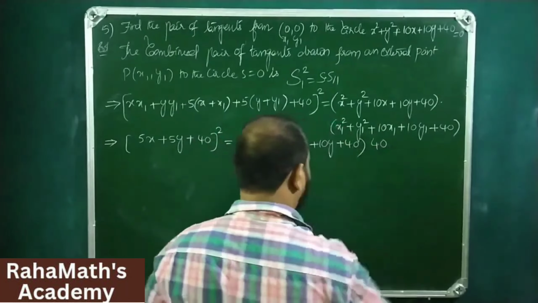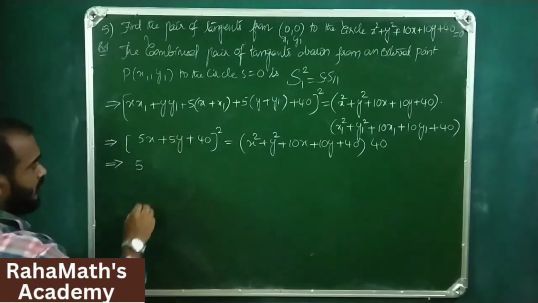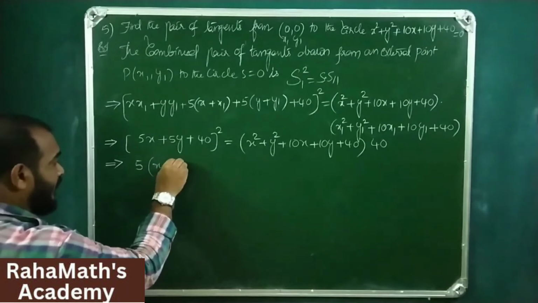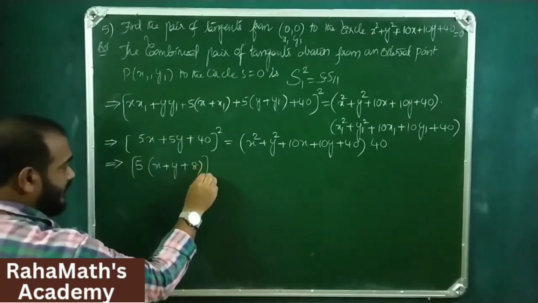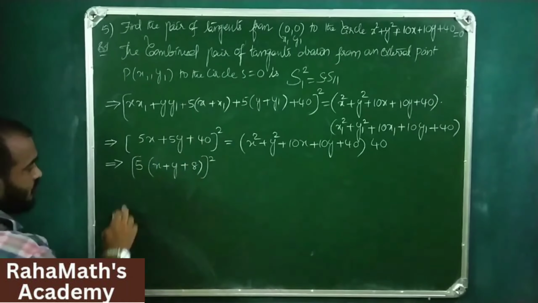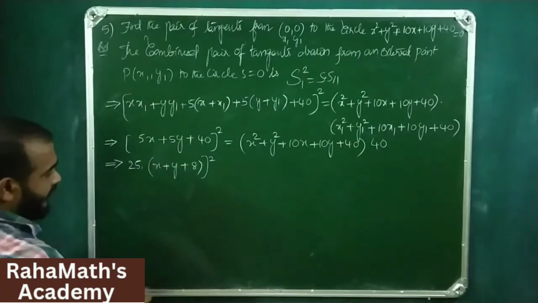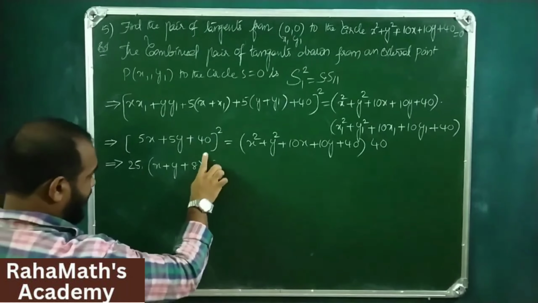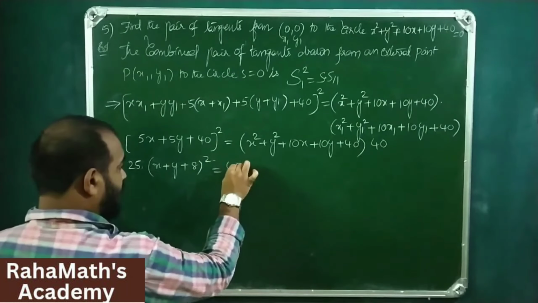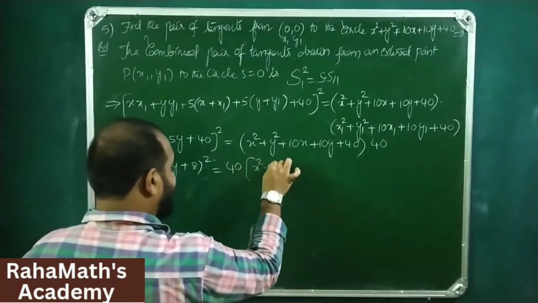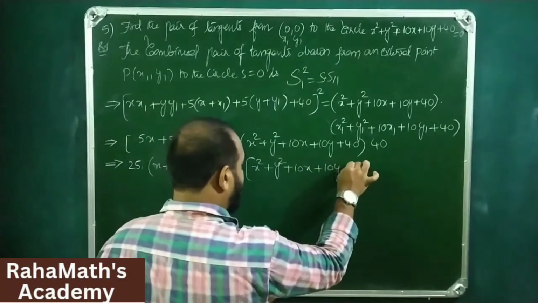If I take 5 in common here, it is (x plus y plus 8) times 5, whole square. Whole square means 5 square, 25. So this is 25 into (x plus y plus 8) whole square equals 40 into (x square plus y square plus 10x plus 10y plus 40).